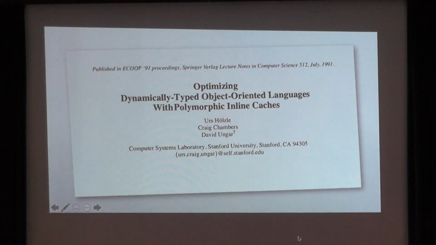We cannot forget David Ungar's paper about pigs. They say we could use type information to retrofit the image, or in that case it was Self, with that type information and make it better.